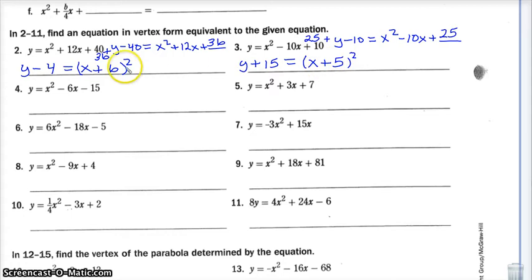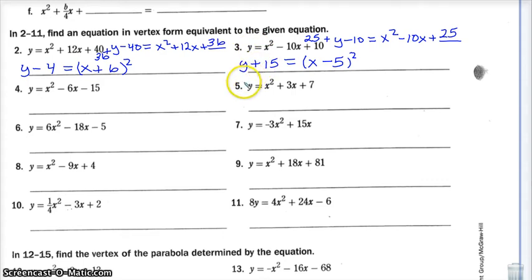I messed up my sign here, which is a common mistake. I need to realize that b divided by 2 in this case is negative 5. Now I have rewritten my parabola in vertex form.